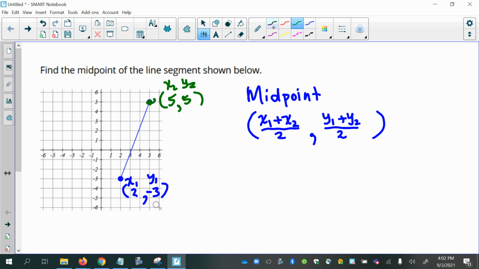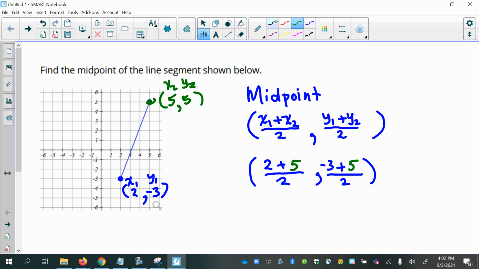So now we can just plug into the formula here. Okay, so my x1 is 2, my y1 is -3, my x2 is 5, and my y2 is also 5.